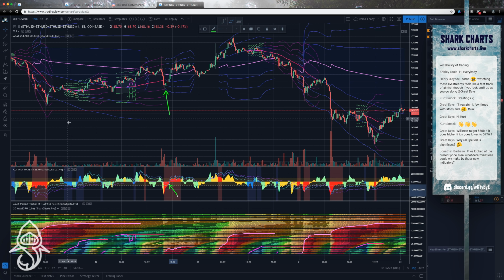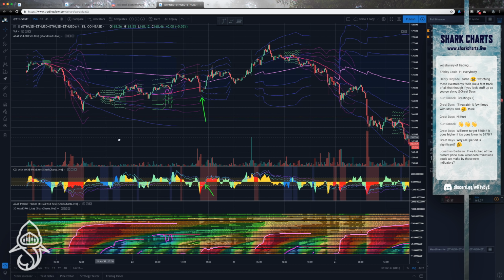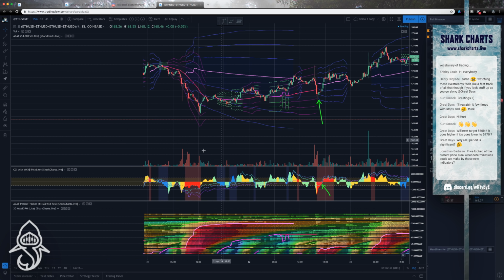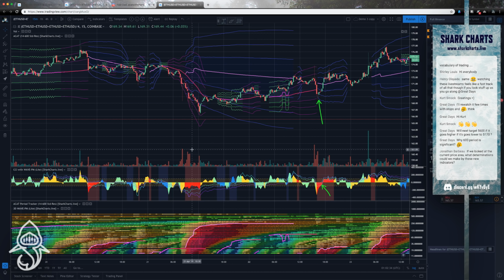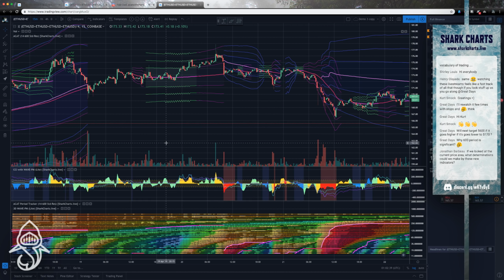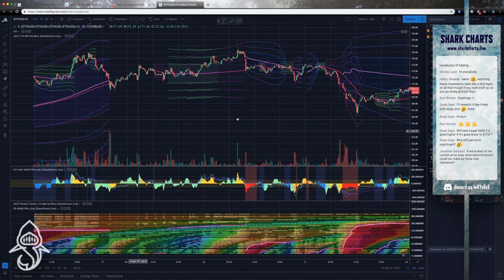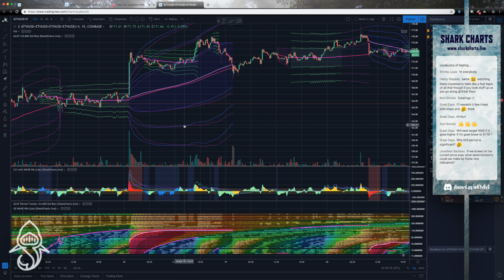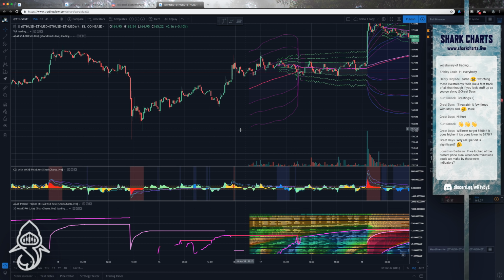Now, you were constrained by the fact that you have to be doing this on a period or a time frame where these scalps are actually going to be worth taking, worth the risk. They're going to beat fees. That's the problem with trying to do it on something like the 1 minute.